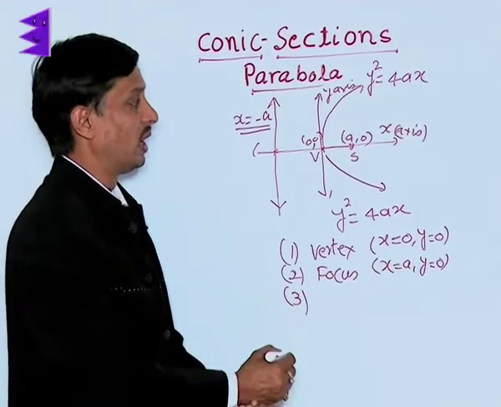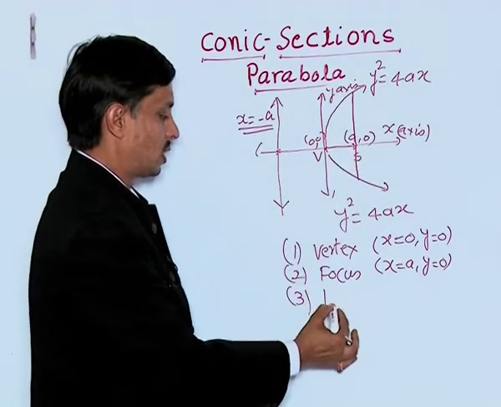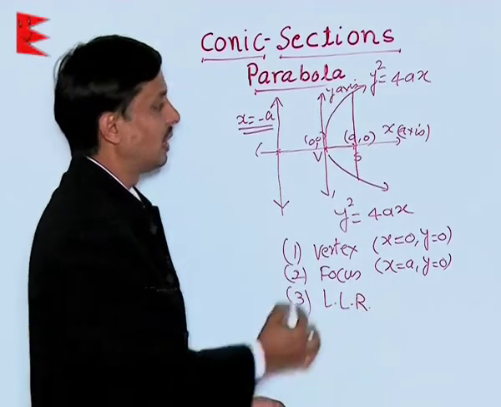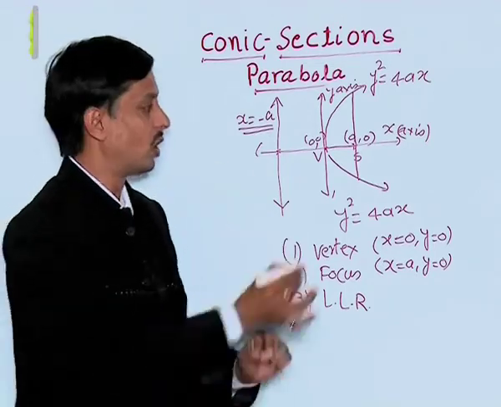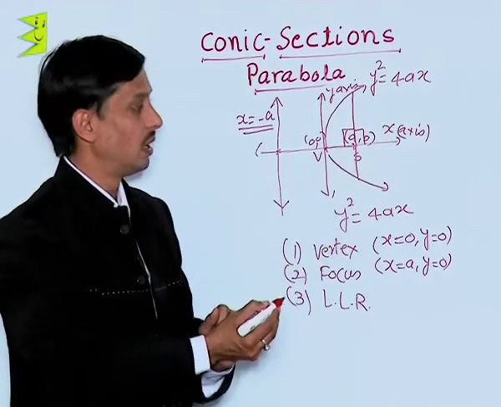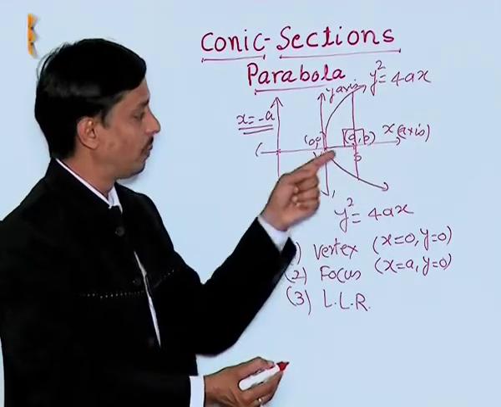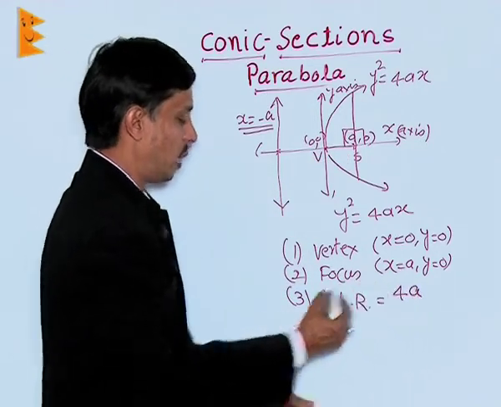Third, what is the LLR? You must understand what is meant by LLR: length of latus rectum, and latus rectum is that chord which is perpendicular to the axis of the conic and passing through focus. So the length of latus rectum is 4a.